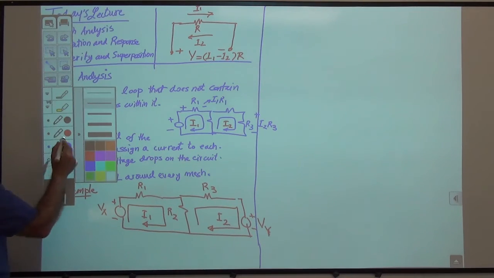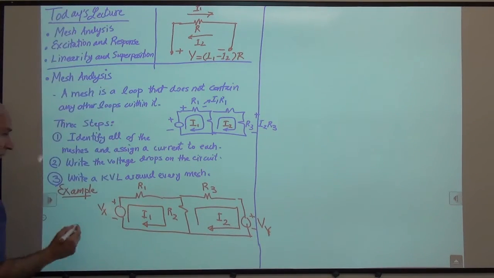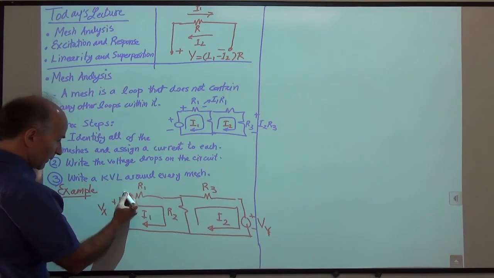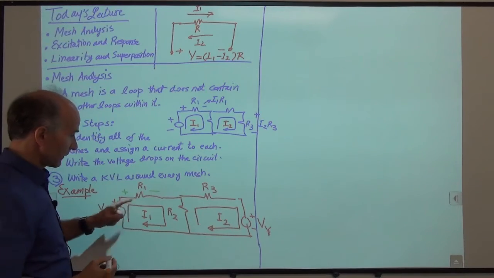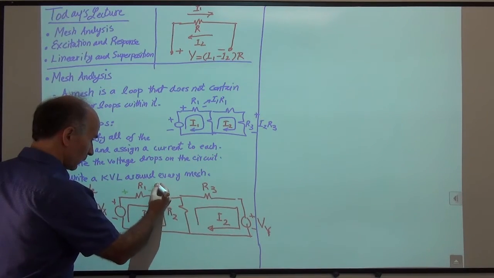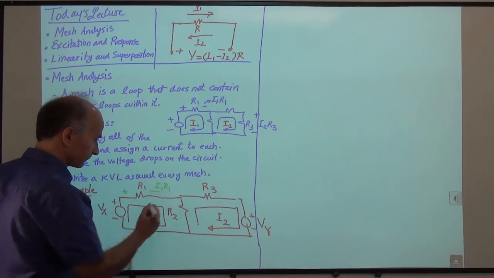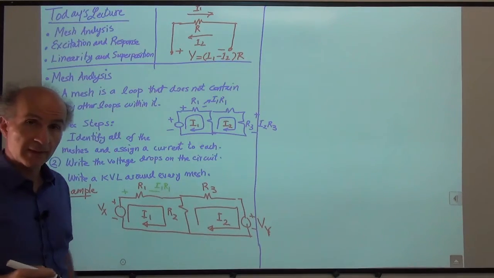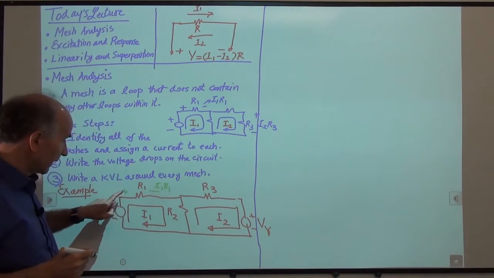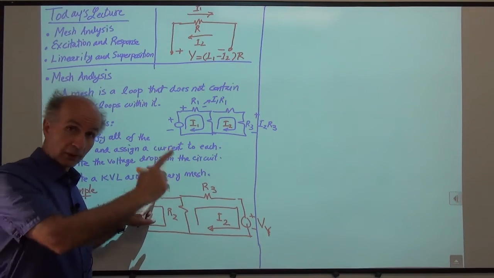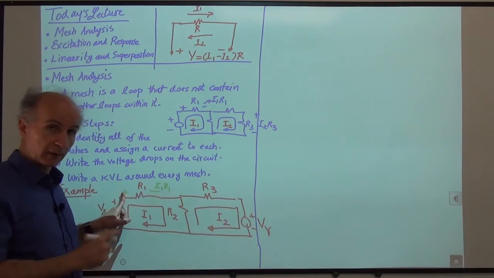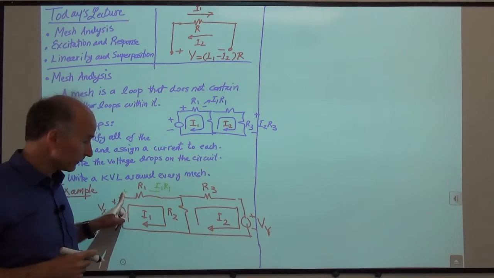So there's a voltage from here to here, and the value is given by I1 times R1. It's imperative that we place these positives and negatives properly, because later on we're going to write a KVL, and if these are not on the circuit, the KVL will be very confusing.